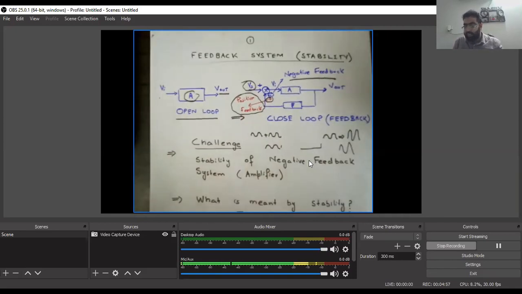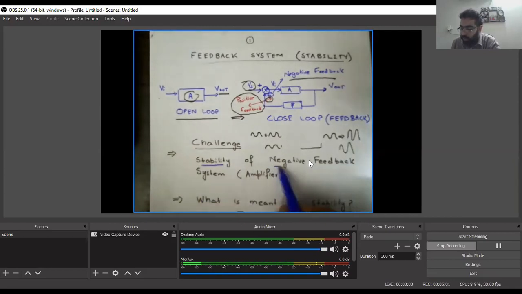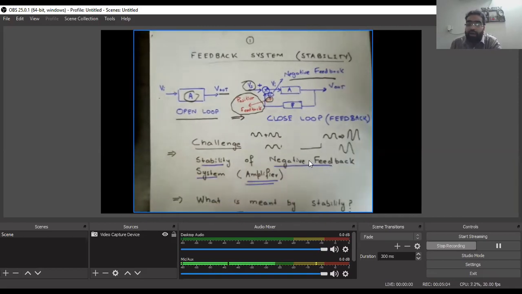The biggest challenge in the negative feedback system, as we mentioned, is the stability. If an amplifier is not stable, we know what can happen. We are applying a very small signal, and what we are getting is a saturated signal. We are not getting the signal itself, rather we are getting noise. Or our environment has pretty huge noises.